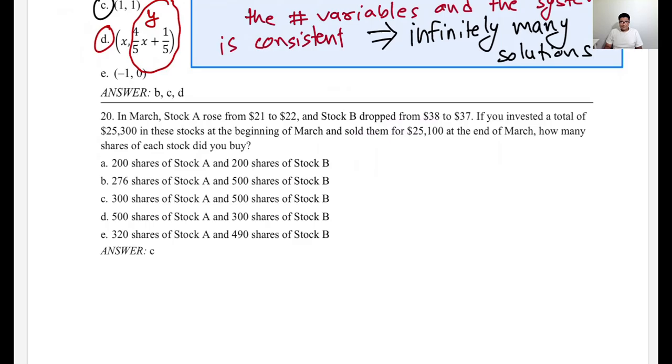In March, stock A rose from $21 to $22. What that means is at the beginning of the month, the price per share. I hope you understand the language of economics. You should, if you are taking finite maths. I'm not super into economics, but my basic understanding tells me that this means the price per share was $21 at the beginning and became 22 at the end.